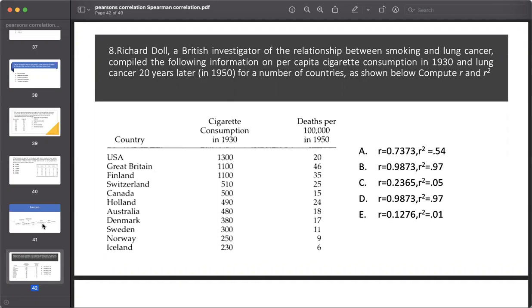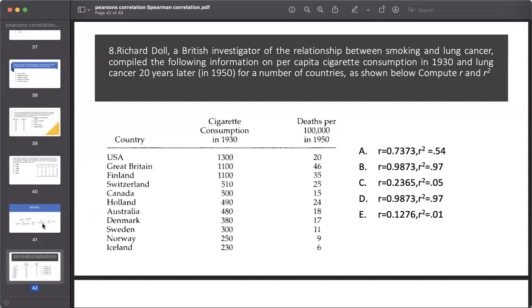Option A is r equal to 0.7373, R square is 0.54. Option B is r equal to 0.9873, R square is 0.97. C, r is equal to 0.2365, R square is 0.05. D is r equal to 0.9873, R square is 0.97.